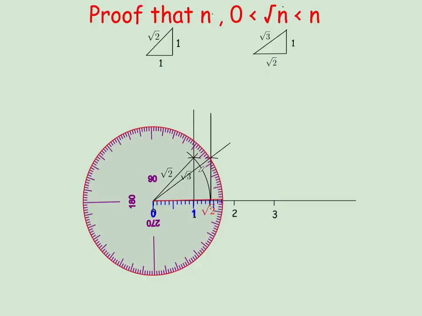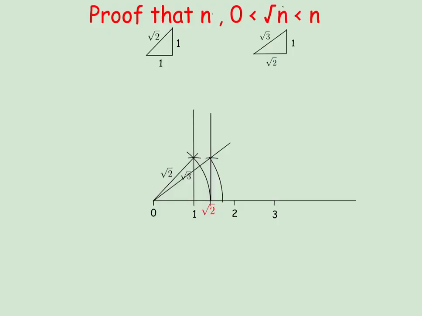So all I need to do is to transfer this measurement all the way to my number line. So with that transfer done, I'm going to label it as my root 3. So you see where the root 3 is. This portion here is where we have our root 3.